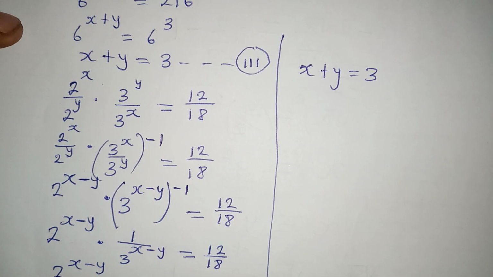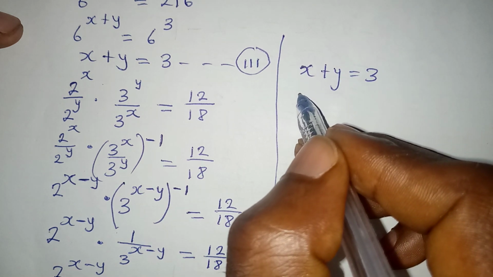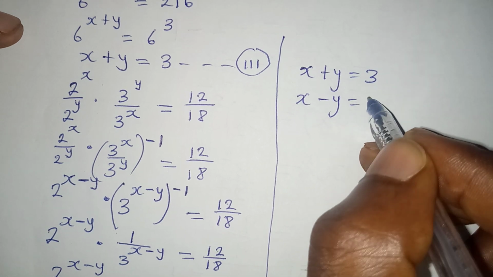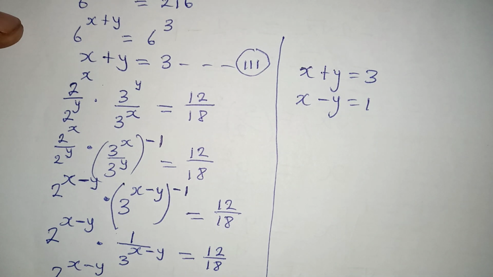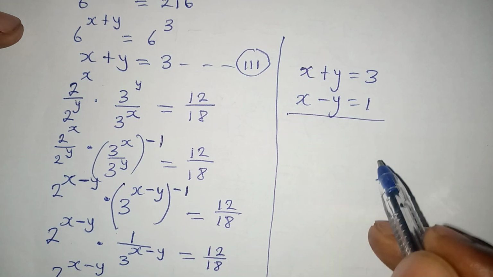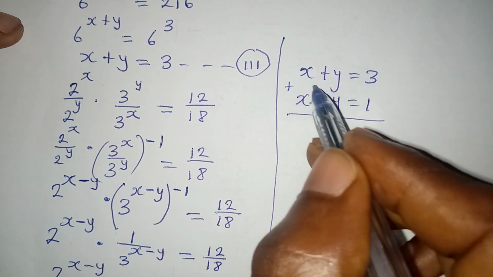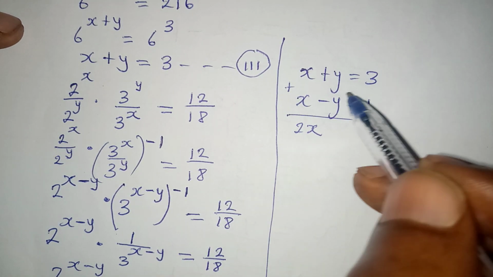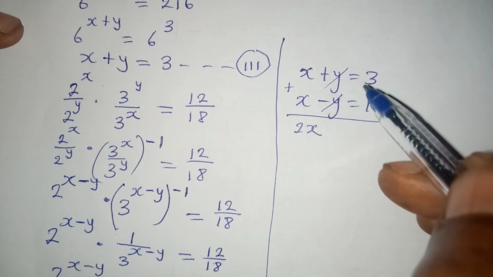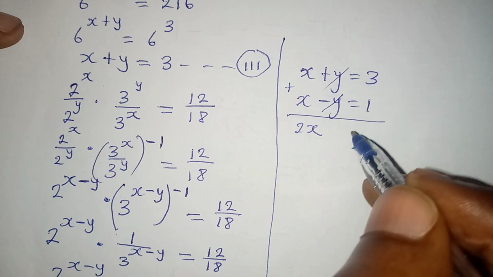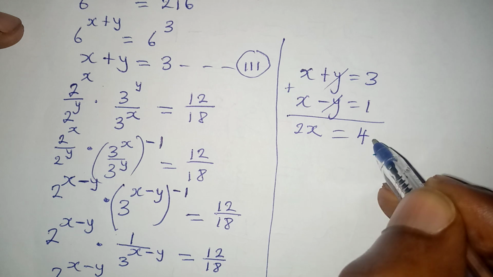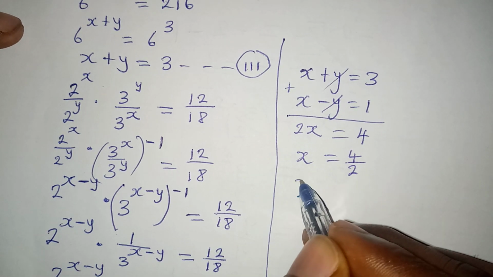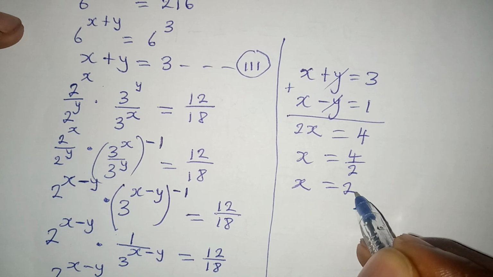And then our equation 4 is x minus y equals 1, right? From here, we can just eliminate by adding. x plus x is 2x, and since we are adding, y and minus y will be gone, so we have 3 plus 1, which will be equal to 4. This means that x is equal to 4 over 2, and our x is equal to 2.